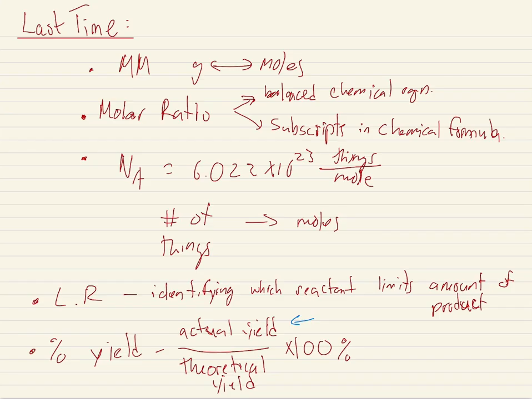So when we did the copper lab, where we went through a bunch of chemical reactions with copper and saw how much copper metal we ended up back with, our actual yield is the mass of copper we measure after the experiment. This is from measurement. And the theoretical yield, where do we get that value from?